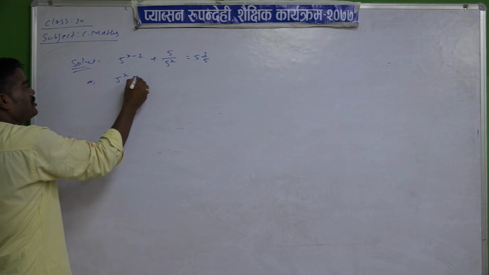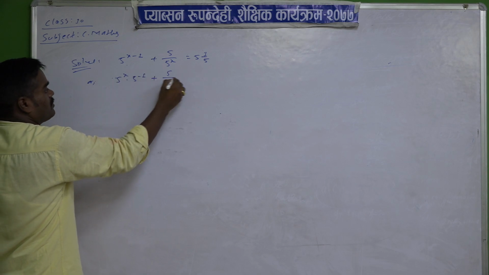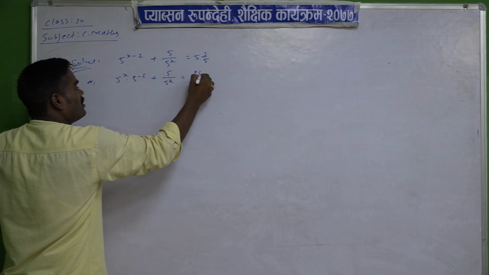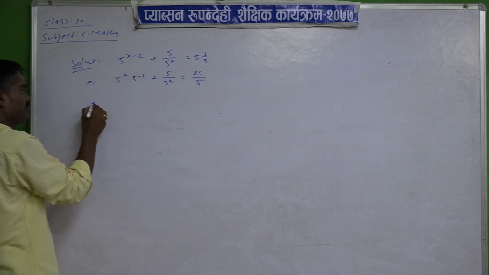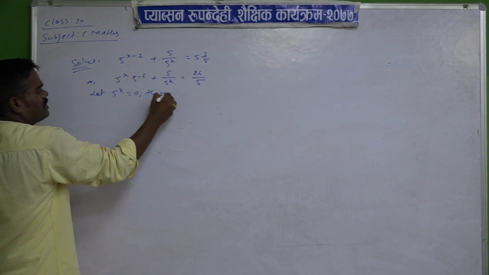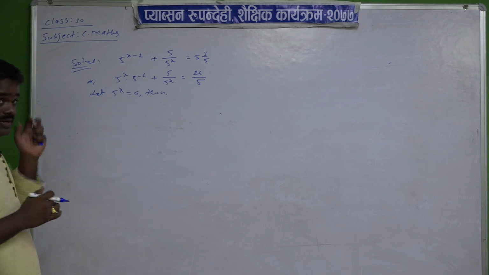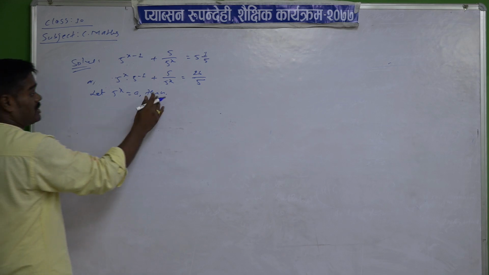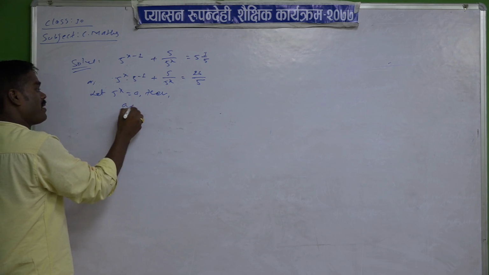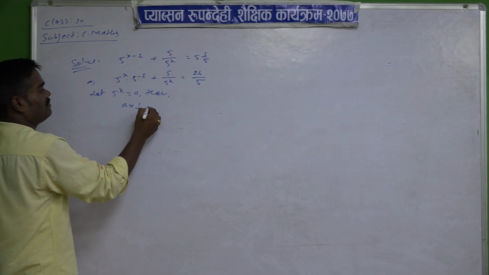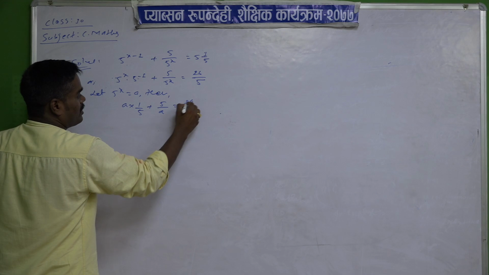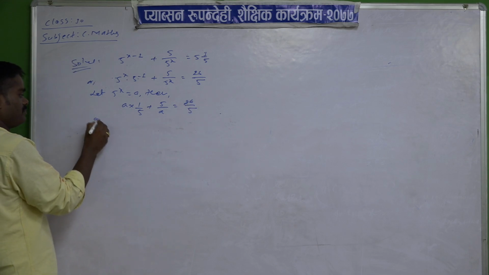So, 5 power x into 5 power minus 1 plus 5 upon 5 power x equal to 5 plus 1 is 26 by 5. To make it easy, let 5 power x equal to a. Then it becomes a into 1 by 5 plus 5 upon a equal to 26 by 5.